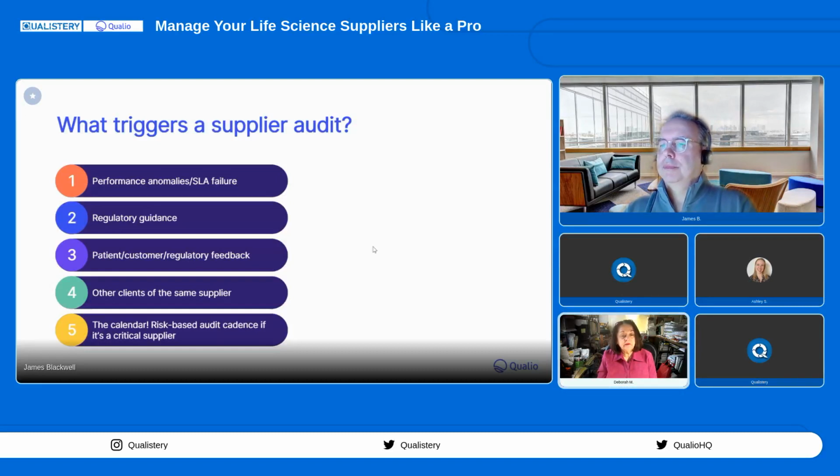And risk-based audits in cadence with the critical supplier performance. But an audit can also be triggered based on your risk assessment of the supplier or the vendor and the importance of understanding their operation before you approve them, not just after they're on board. So audits can start in your system before you approve the supplier.